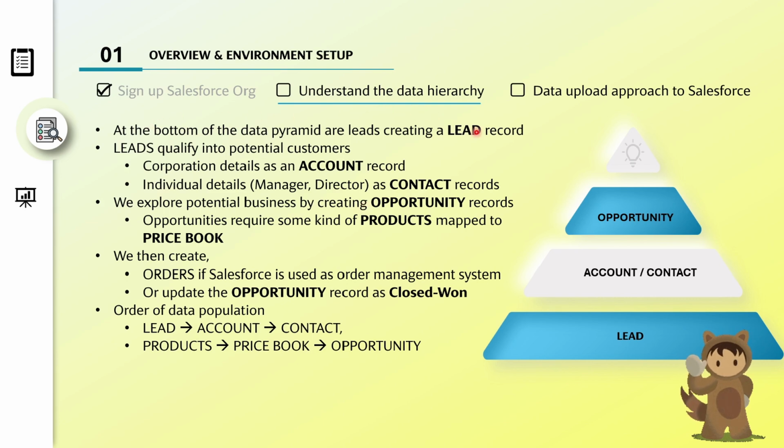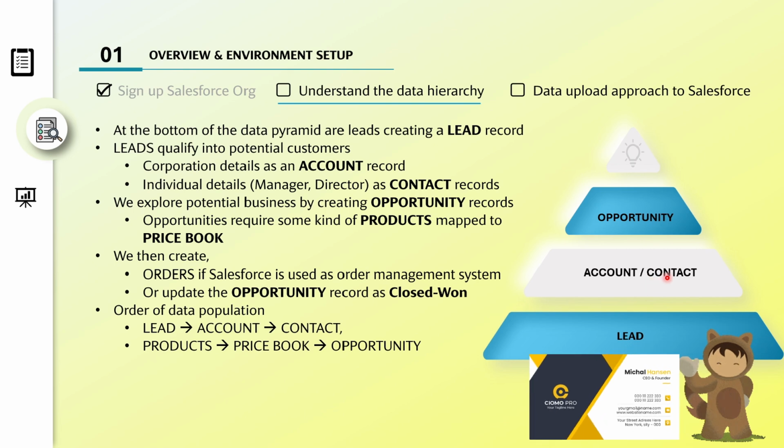At the bottom of the pyramid, we have leads. Leads is generally a lot of marketing data, a lot of event data where we are collecting the data of potential customers. So there can be a lot of records, and those records then qualify to become potential customers, where we will be creating accounts and contacts of a record.